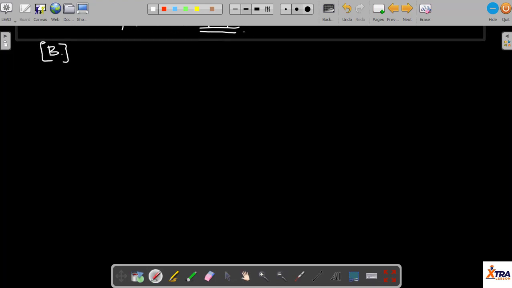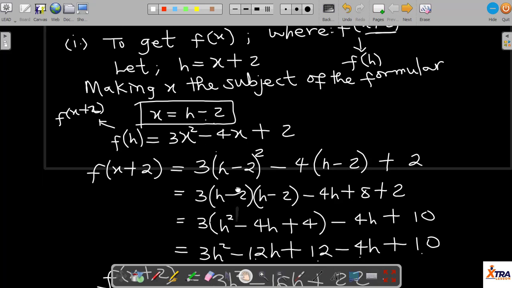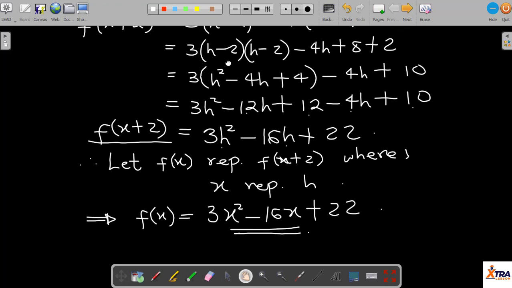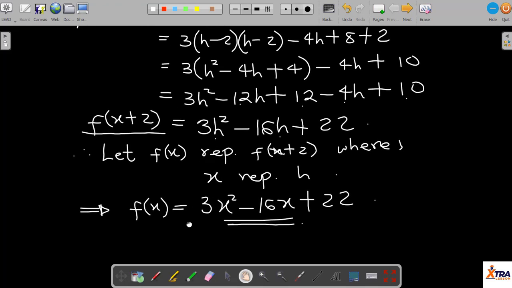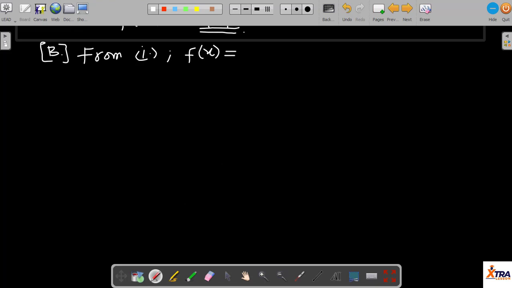I can say from Roman figure 1, we derived our f of x to be 3x squared minus 16x plus 22. So that's what I'll be using in this case. 3x squared minus 16x plus 22.